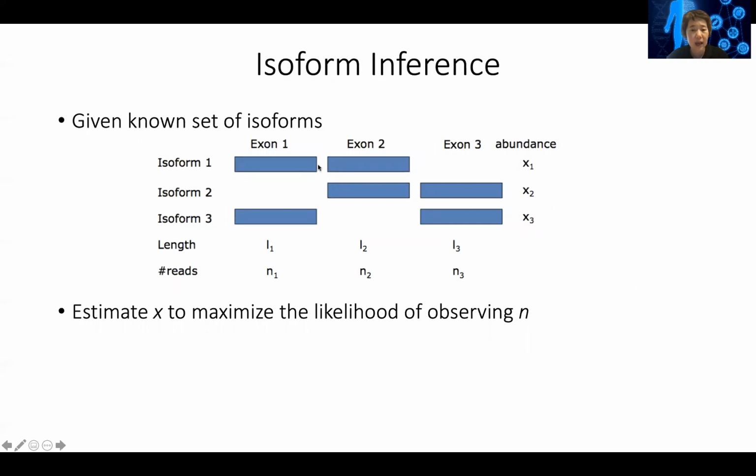But if this gene has different isoforms, which use different subsets of the transcript, RSEM will look at the length of exons 1, 2, and 3, and at the reads mapped to them, and use maximum likelihood to estimate the best expression levels X1, X2, X3 to match the isoform structure and also the reads that landed in each exon.